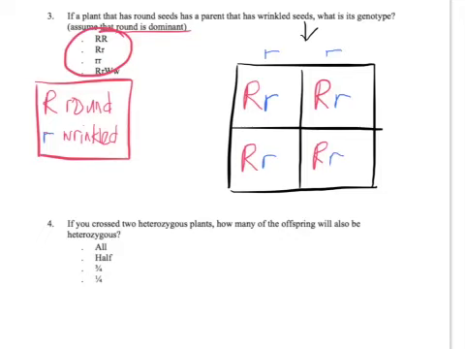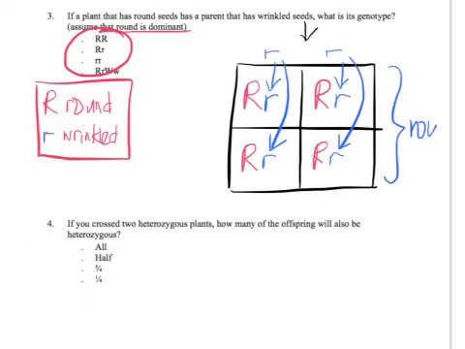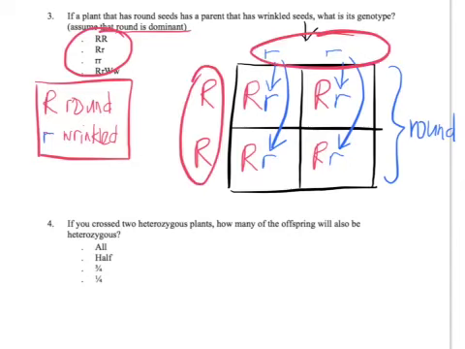Okay, so each of the quadrants needs to get an allele from the second parent, but they all ended up being round. Every single one of them was round. So you know that the capital R was present. So the only way that can be done is if the parent was RR. So this parent was RR, and this parent was small r.